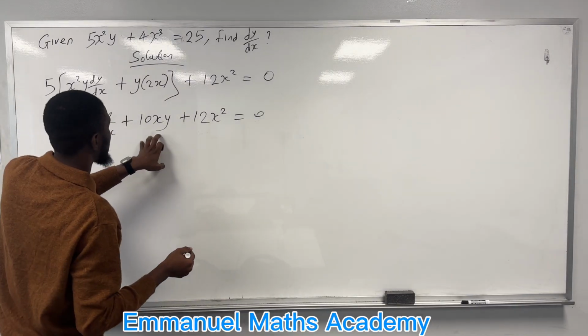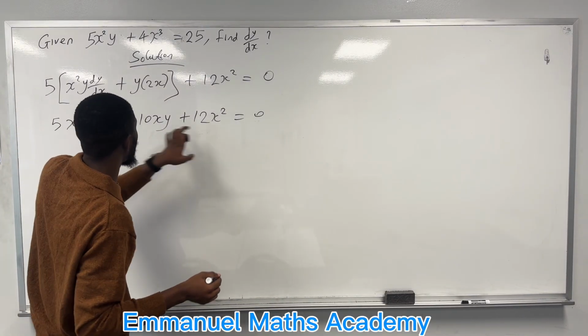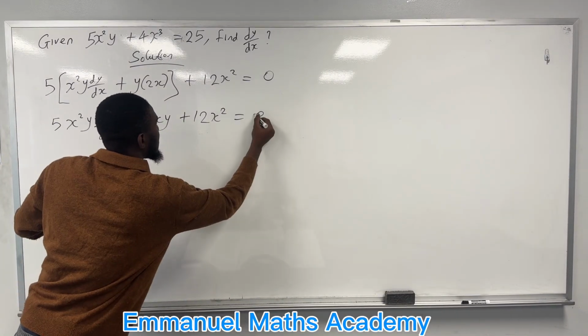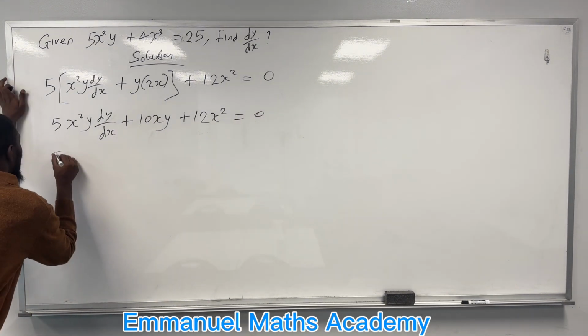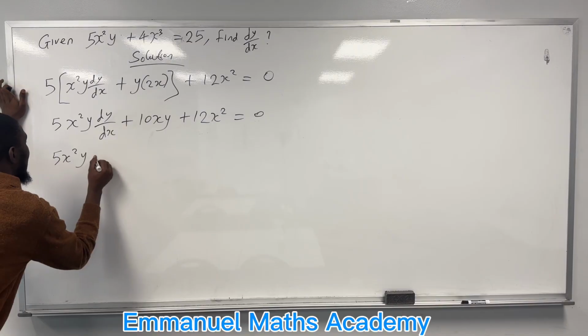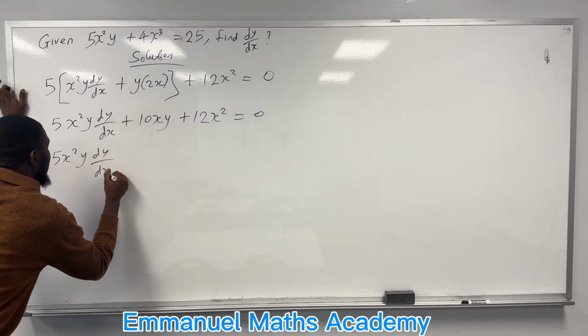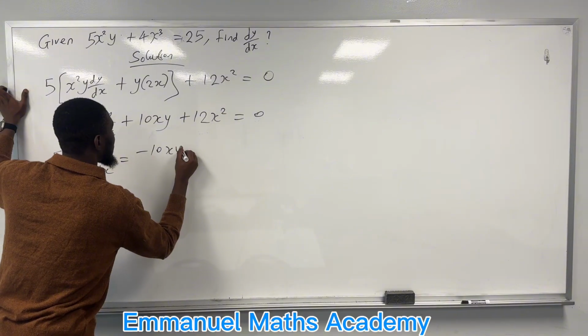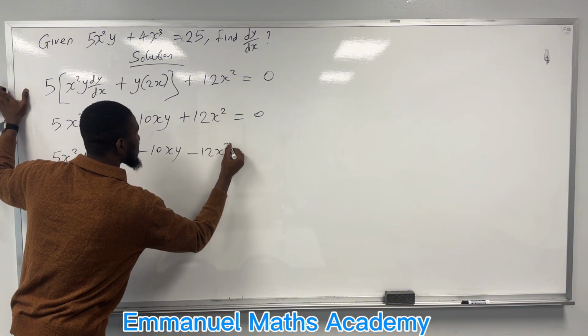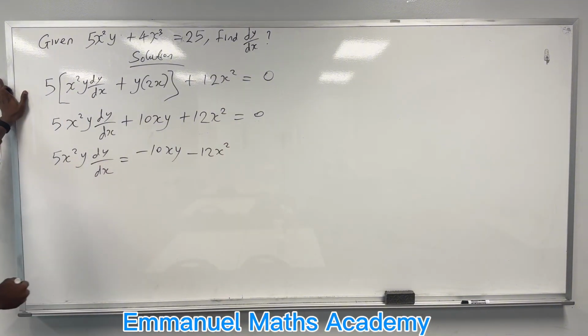You take this term and this term outside, across the equal sign. Hence you have 5x squared y dy/dx equal to minus 10xy minus 12x squared, right?